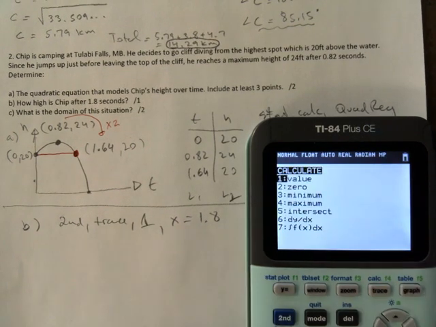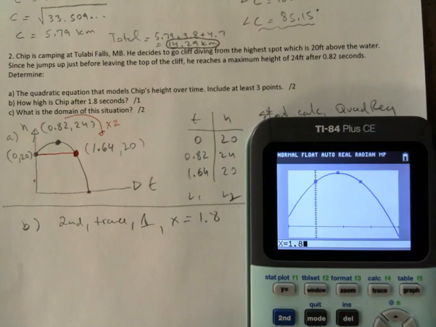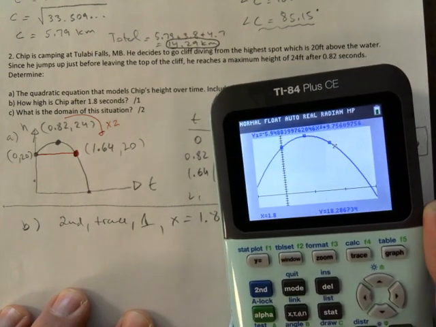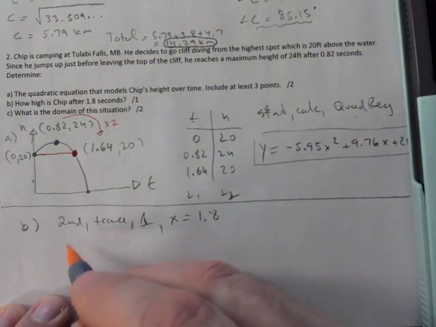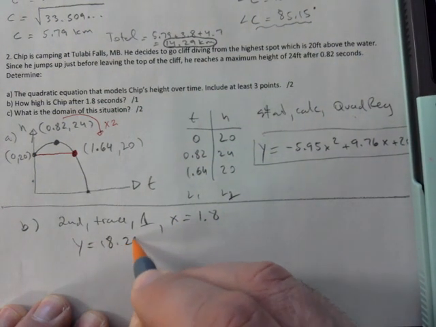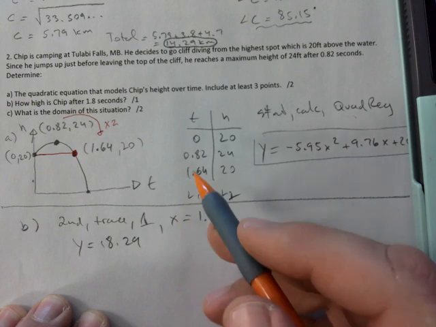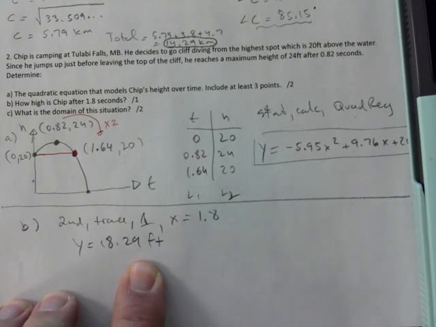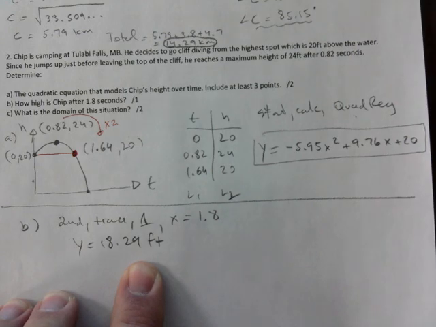So second trace 1, 1.8, and there it is. It's 18.29, and just use the units that are in this question, which is feet, right?